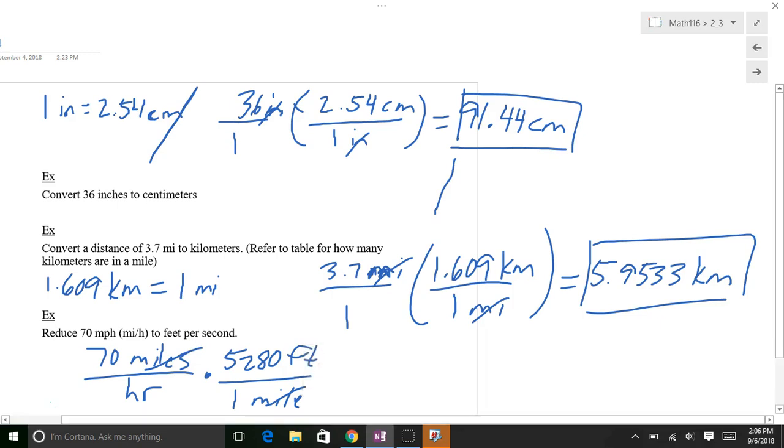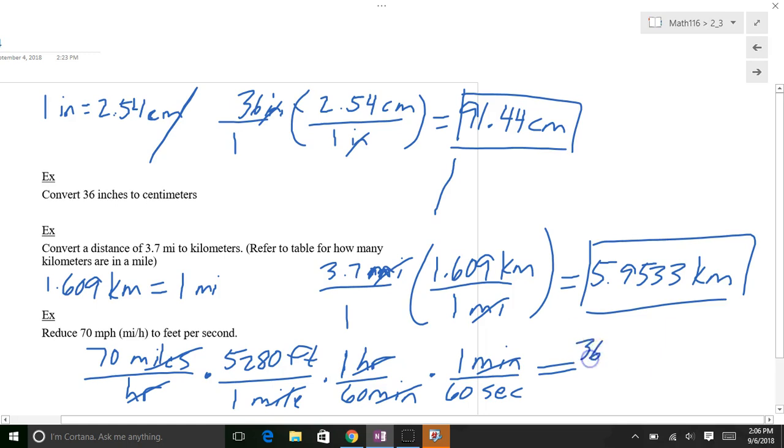Well, we know that for every one hour, there's 60 minutes. So the hour is gone there. Now we're in feet per minute, so we've got to take care of our minute. For every 1 minute, there's 60 seconds. Minutes are gone. So now I multiply all the numerators: 70 times 5,280 times 1 times 1, and that's 369,600.